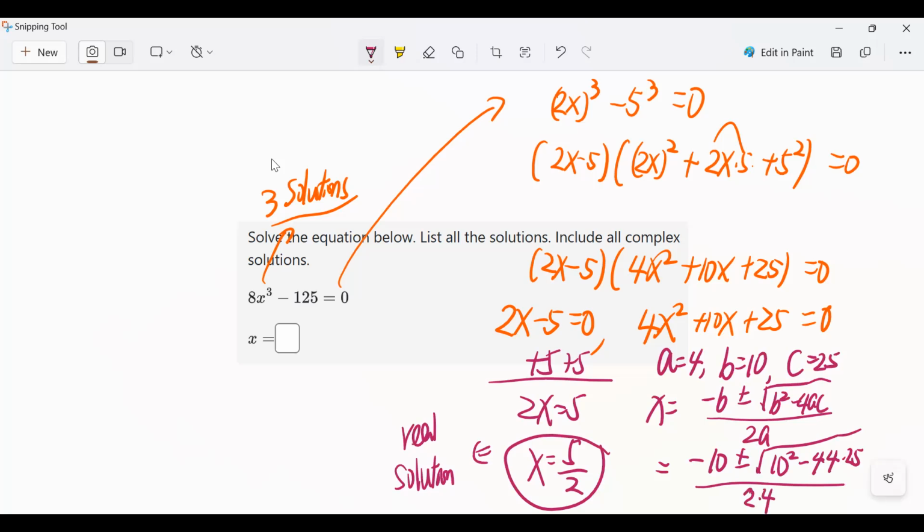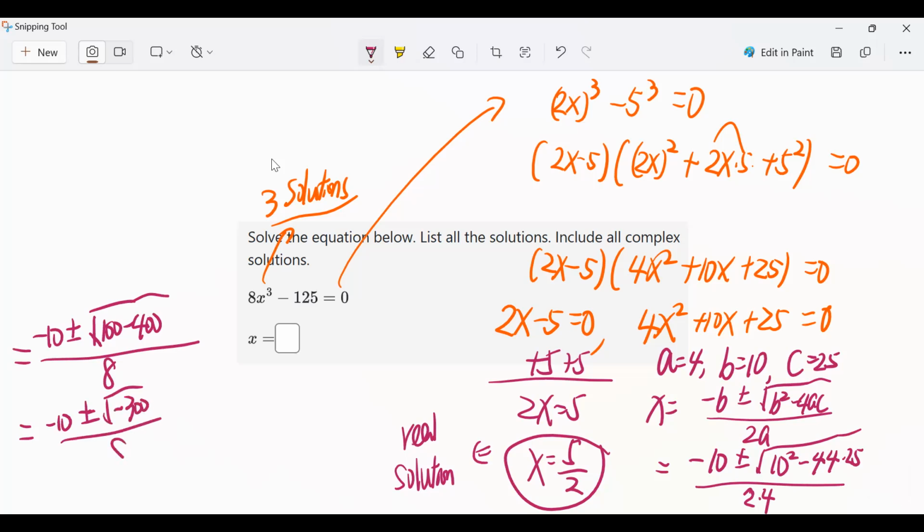Now simplify, so it's going to be minus 10 plus or minus 10 squared is 100 minus 4 times 4 times 25, which is 400, over 2 times 4, that's 8. So this is negative 10 plus or minus the square root of minus 300 over 8. Minus 10 plus or minus 10 radical 3i over 8.